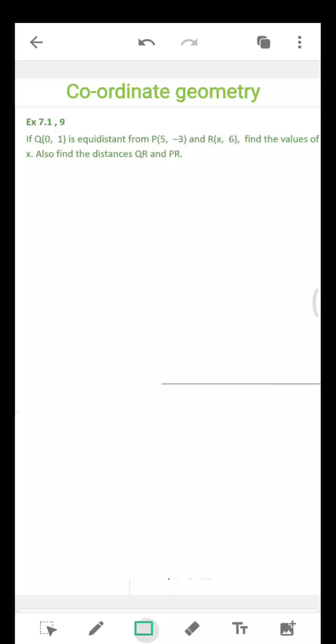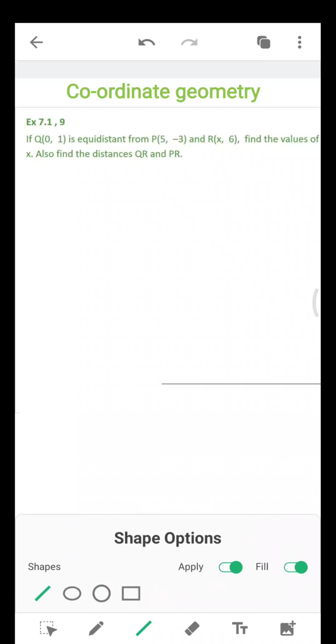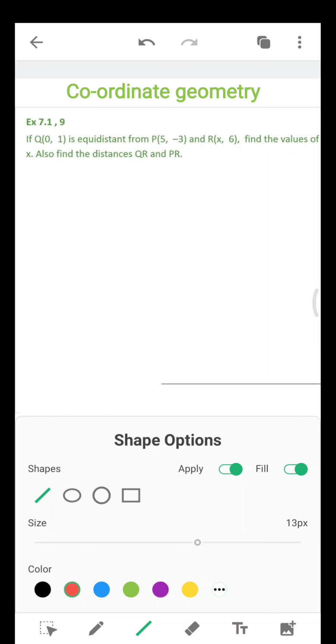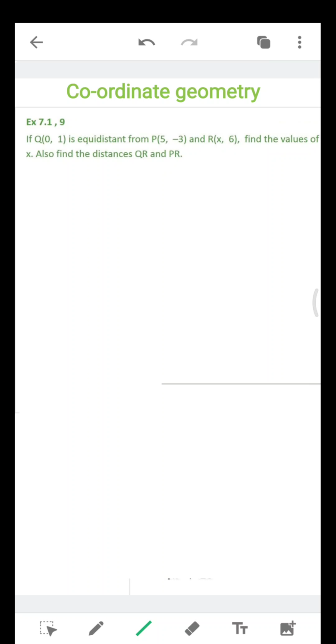Okay. So what is the meaning of equidistant? I already said you that. Let's again recall that concept. So suppose there are two points, say point P is here and point R is somewhere here.